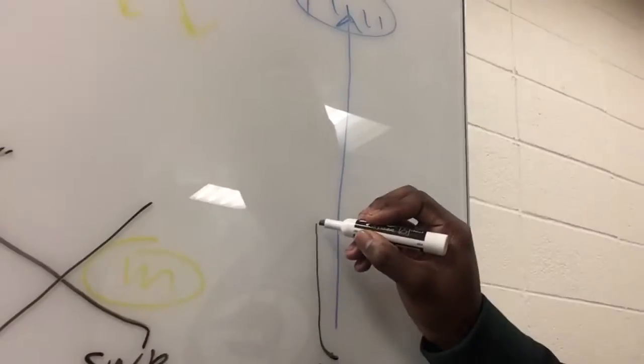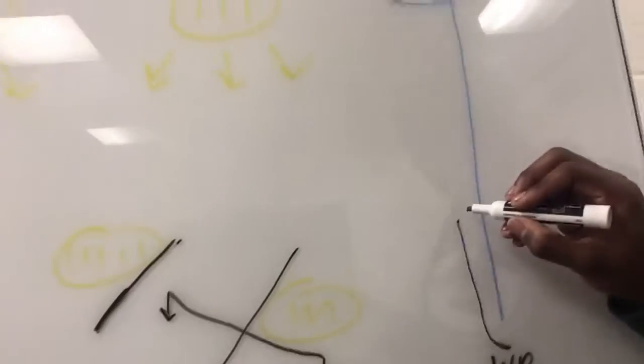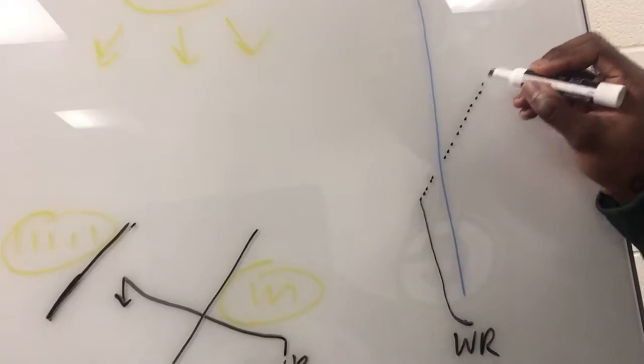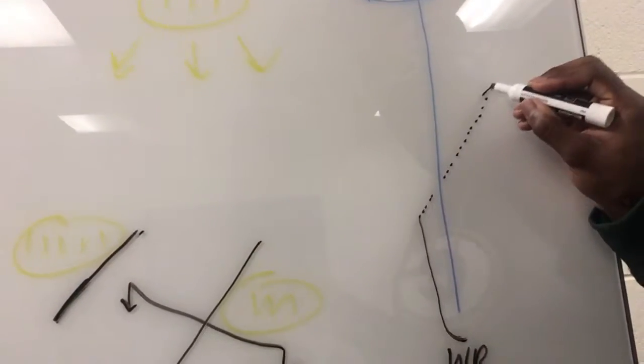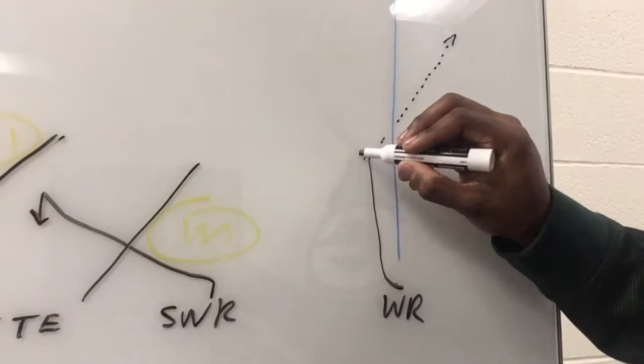So, let's say if the defender was running man, I'd give the wide receiver an option route to go towards the corner, the dig.